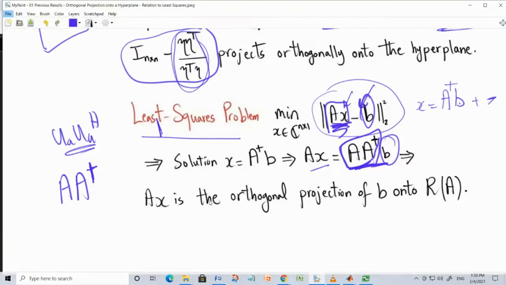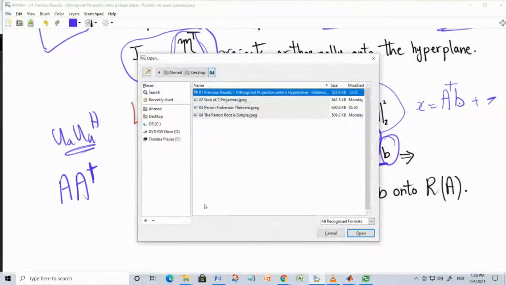This is the story of projection matrices. Now, what if we start playing with a number of projection matrices? My focus next will be just one example, and then in the homework you'll see others. What if I take two projection matrices and add them?